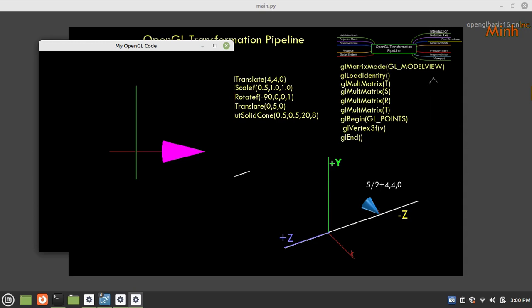Now we'll scale. It is scaled. Now we'll move 4 up and 4. So if I say up, then it is going in real up. There is no local axis here. So this is up, 4. Then right.